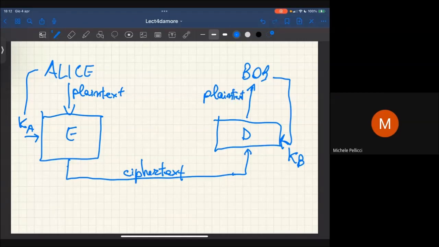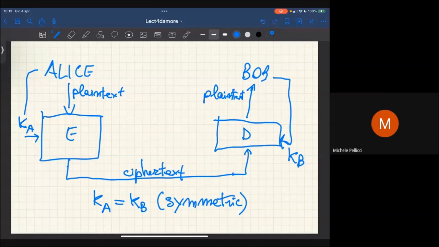In the general model, we consider the case where KA is equal to KB. This is the symmetric case, meaning that Alice and Bob should be sharing a secret key that only Alice and Bob know.